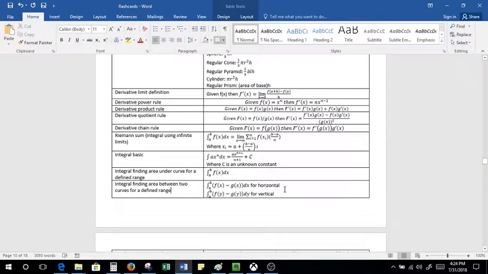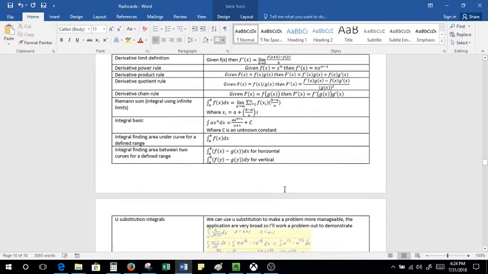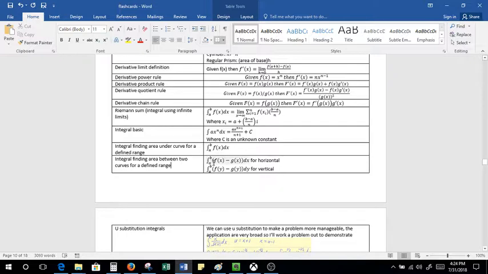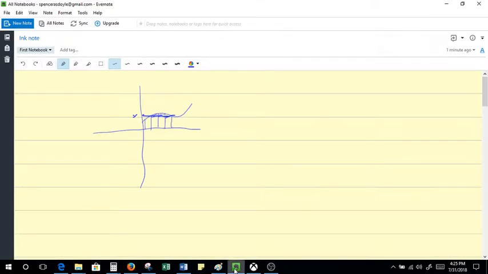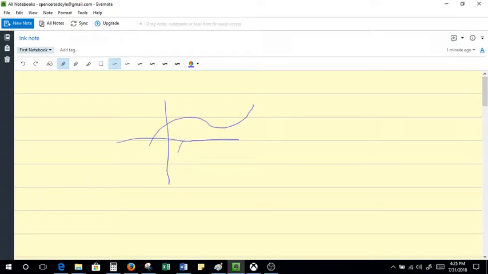The thing to note is if you have an intersection in between these 2 points, you need to do this twice. It just won't work out. So if you had an instance like, let's see here. If I have this function and this function, and I want to know the area between them.